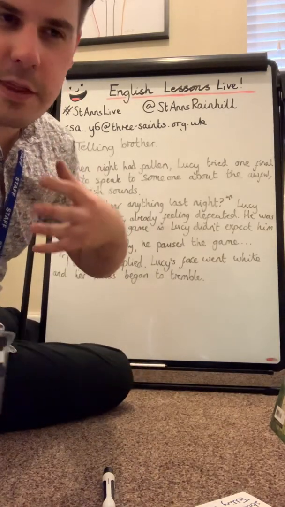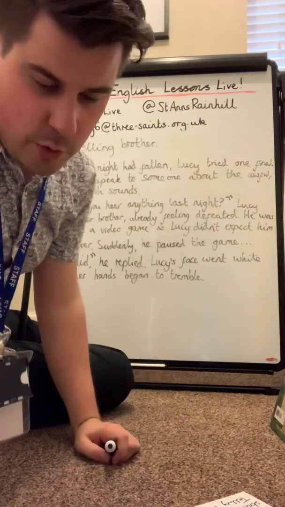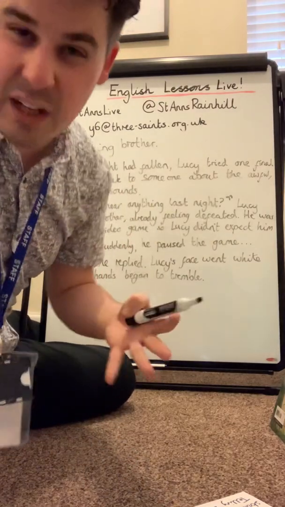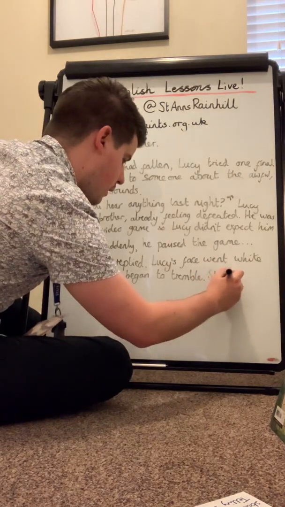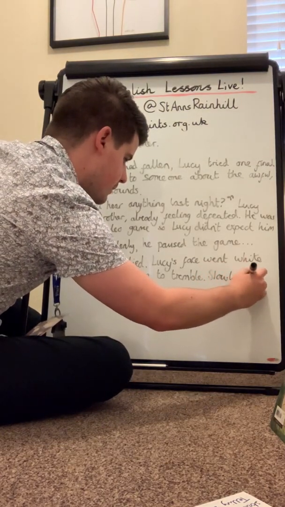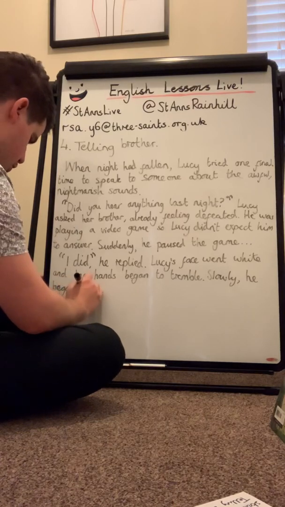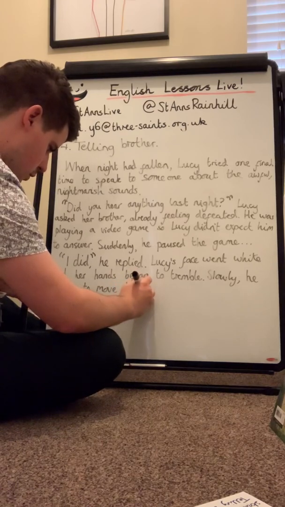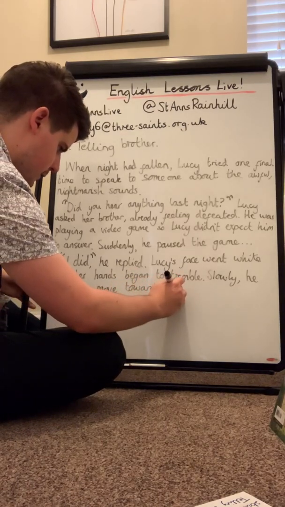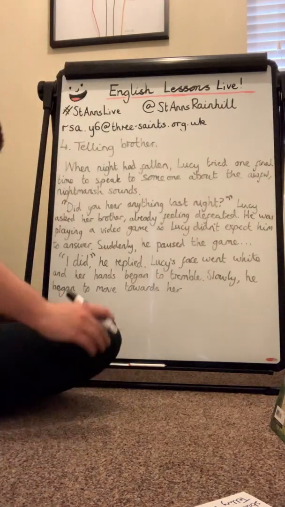So now I'm going to get the brother to walk over slowly to her to tell Lucy what he knows. So I can use that adverb of slowly to start my next sentence. So slowly, comma, he began to maybe move towards her. Actually, no, I don't want to go straight into that because he was sat down, wasn't he?